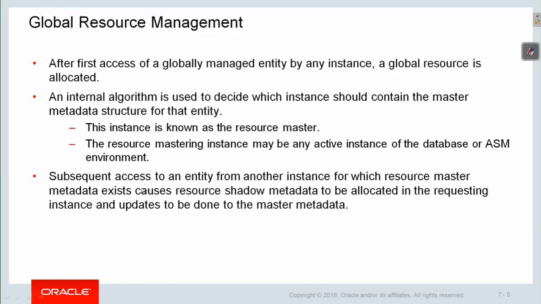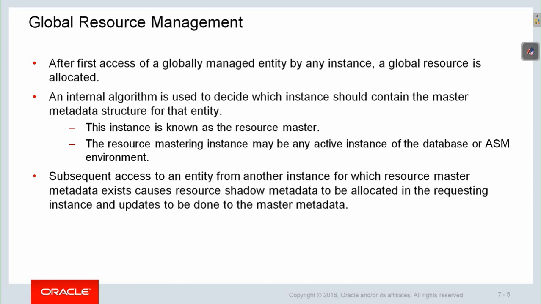So it's a bit confusing, right? It's a very confusing part. Suppose that instance 1 requested a resource and the metadata was populated, and based on the internal algorithm, instance 1 became the master instance for that particular metadata.